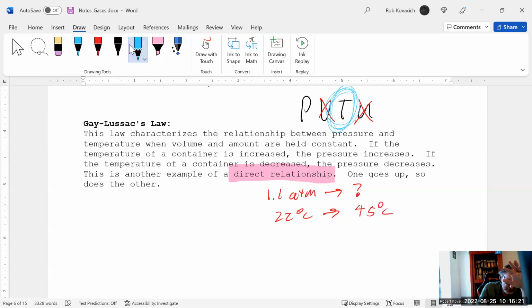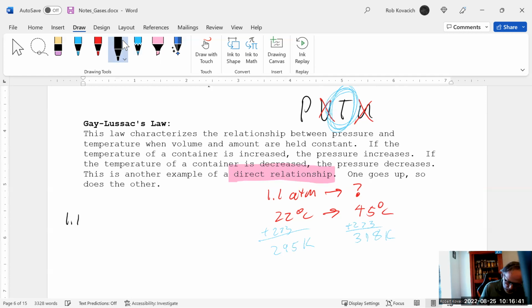So again, we have to add 273 to this, 273 to this, 318K. And then this one here is going to be 295K.